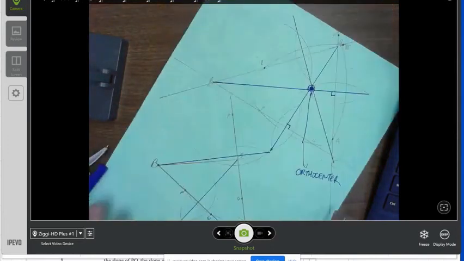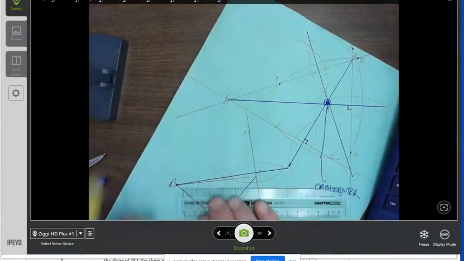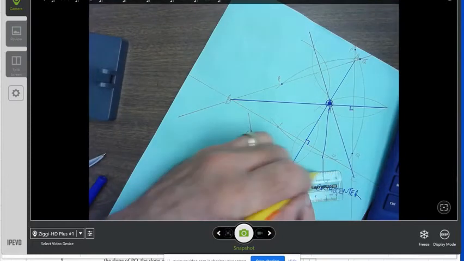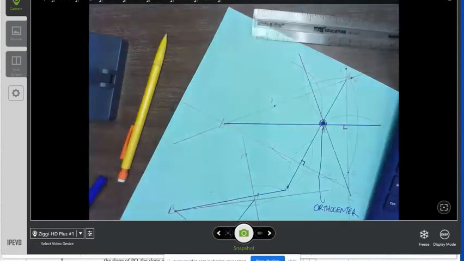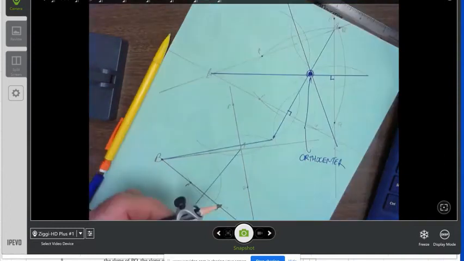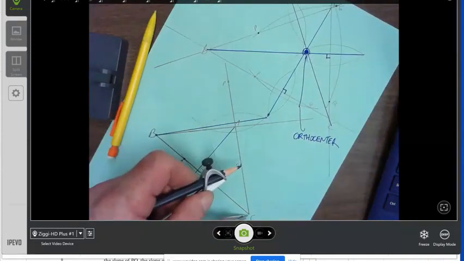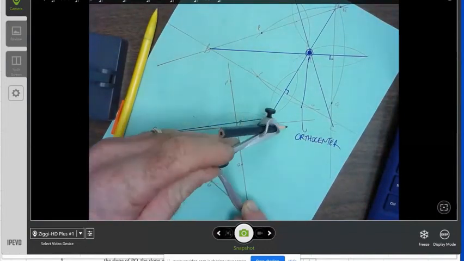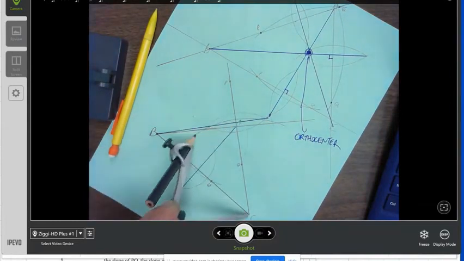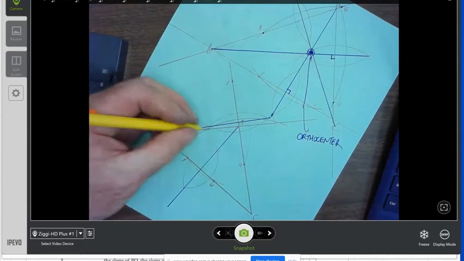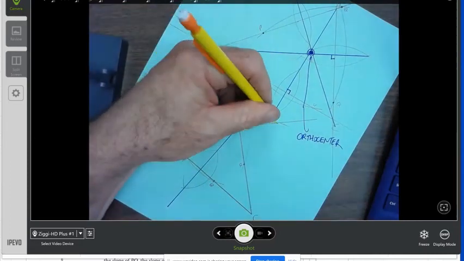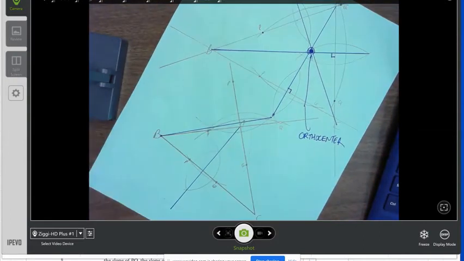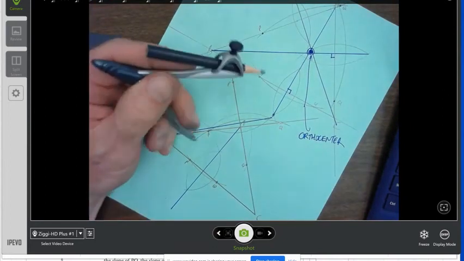And then I'll do the altitude from C. First, I'm going to extend side AB, which is the side across from it. So that when I do the arc from C, it'll intersect twice. So that's why we label these P and Q, so that we can focus our eyes on what 2 points we're finding the perpendicular bisector of.